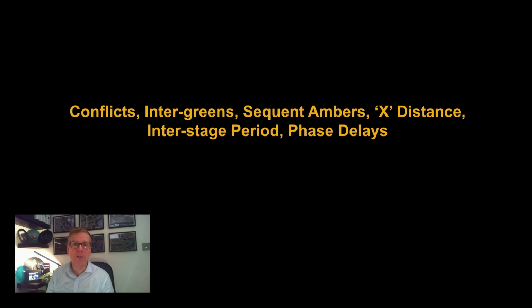So, the terms you've learnt about in this episode are conflicts, intergreens, sequent ambers, X-distance, interstage period, and phase delays.